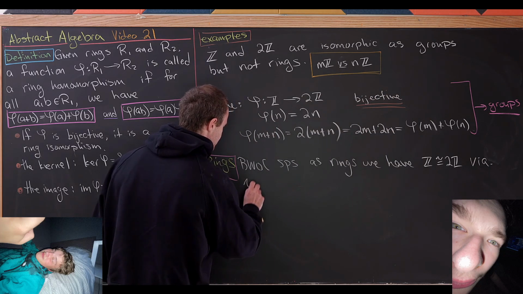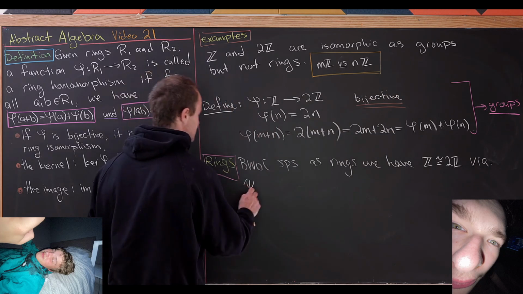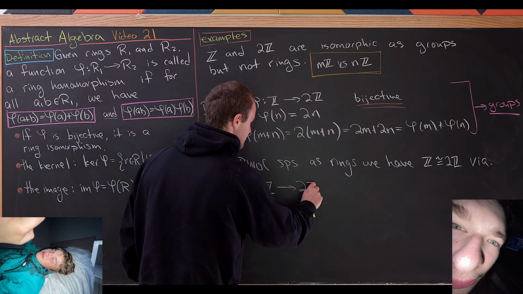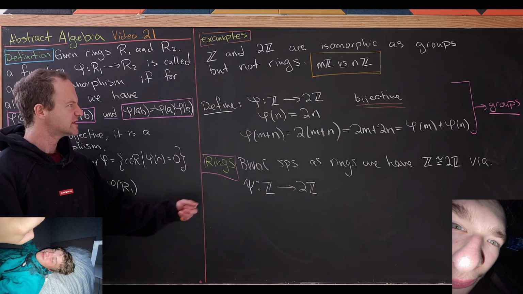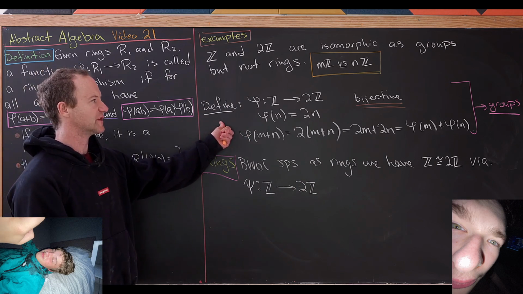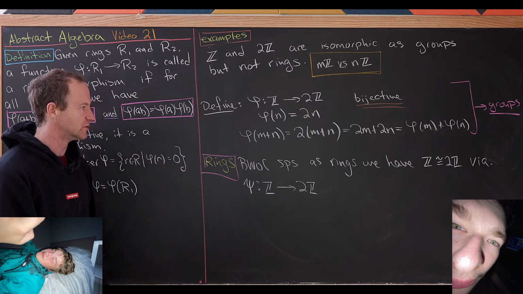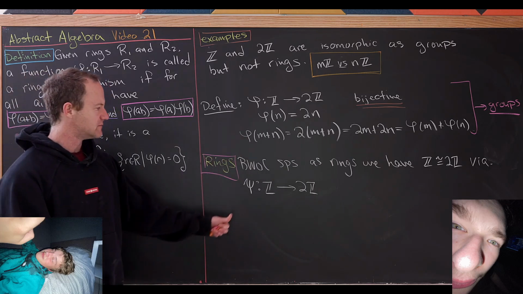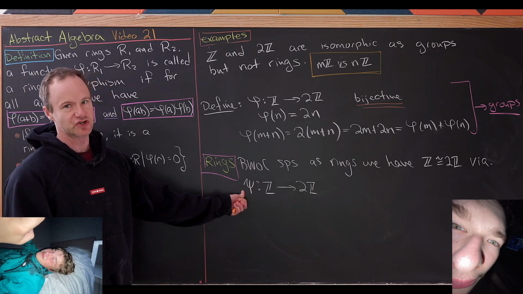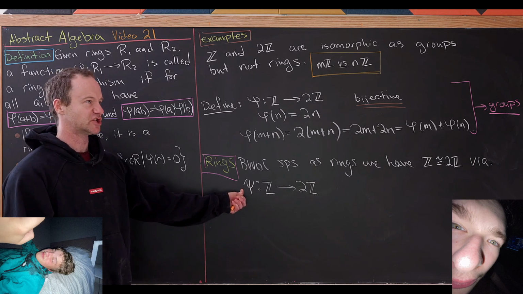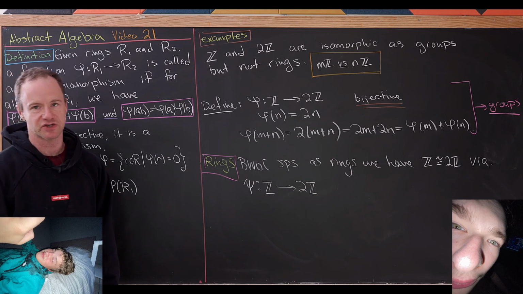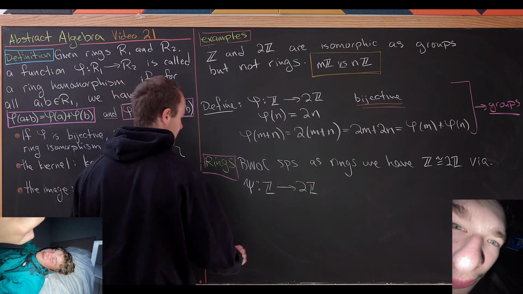I'll call it psi because we've already used phi up here. So psi goes from Z to 2Z. Now let's notice that while we were showing that these were isomorphic as groups, everything with the addition worked out. So that means we probably shouldn't try to show something goes wrong with addition here. We probably need to show that it goes wrong with multiplication. Okay, let's see how to do that.